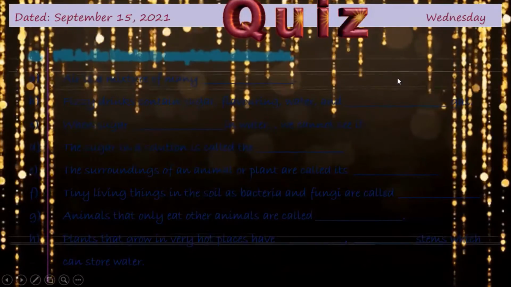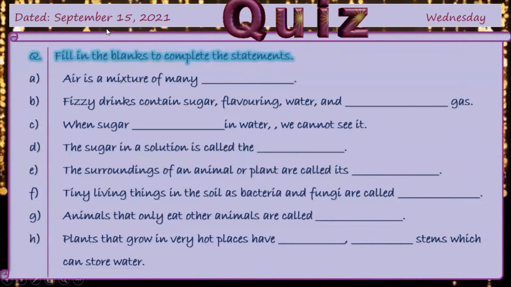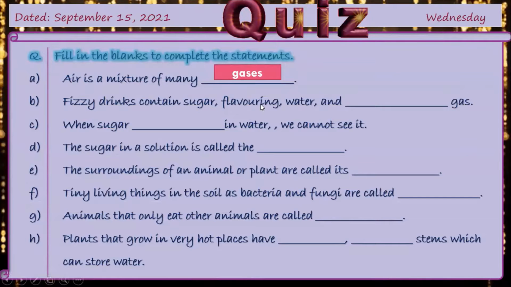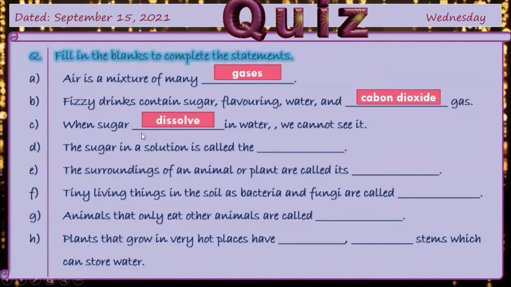Now, the next quiz is fill in the blanks. Complete the statement. Air is a mixture of many gases. Fizzy drink contains sugar, flavoring, water, and carbon dioxide gas. When sugar dissolves in water, we cannot see it. The sugar in the solution is called the solute.